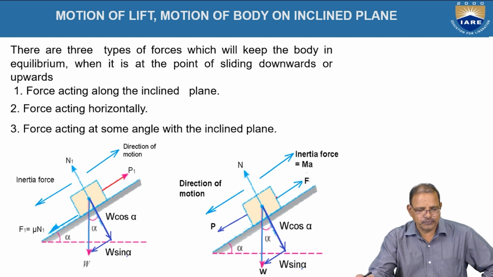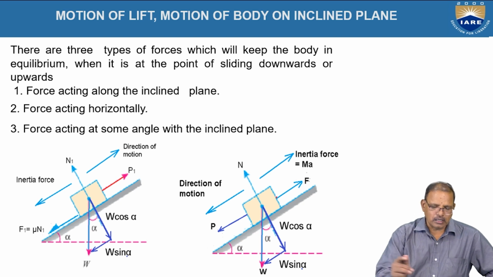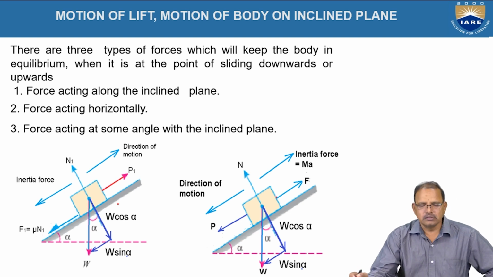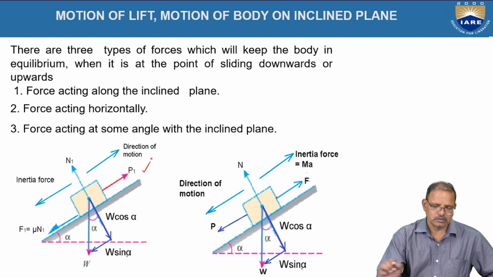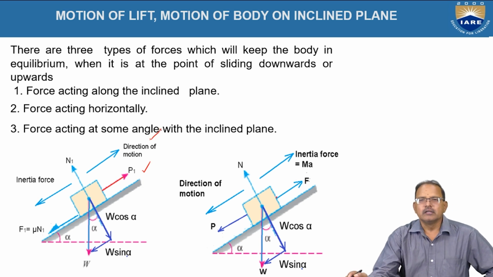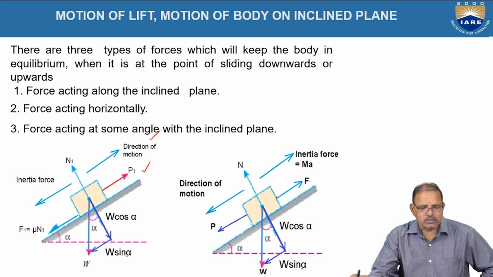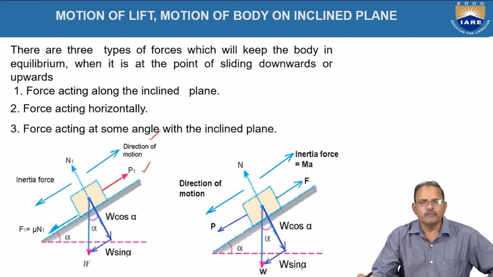In case 1, the body is moving in the upward direction when the applied force is parallel to the inclined plane, as shown in the figure. Let alpha represent the inclination of the plane, W the weight of the body, and P1 the force applied to move the body up the plane.